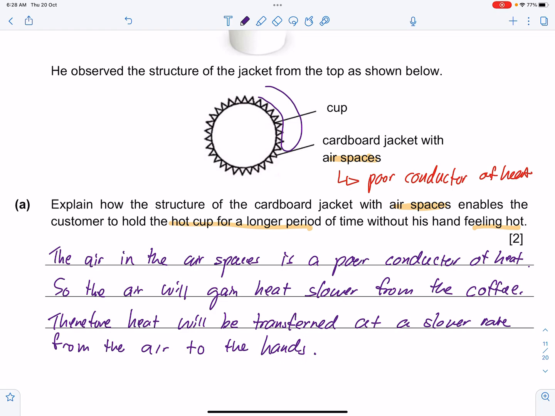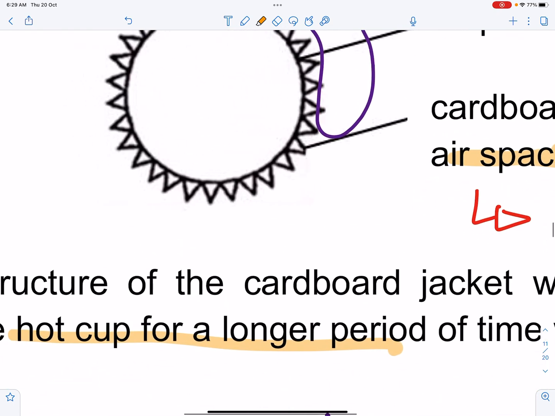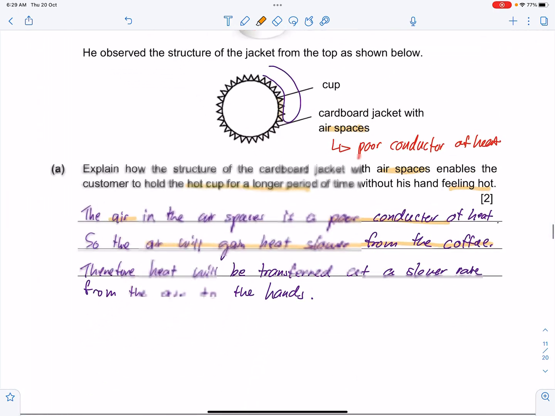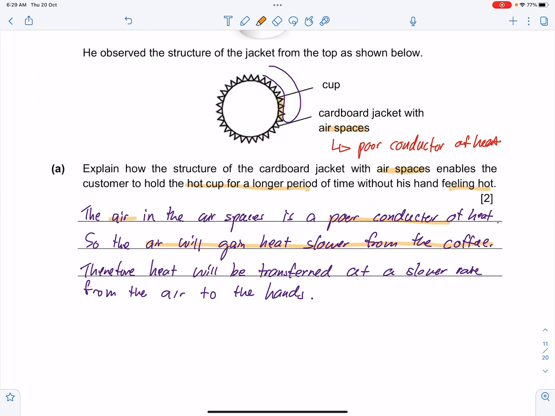So first you talk about how air is a poor conductor. Then you talk about how because it's a poor conductor, your air will gain heat slower from the coffee. And then because your air is separating the coffee and the fingers, heat will be transferred at a slower rate from your air to your hands, in a way. Okay, of course, in between there is your cardboard. You can talk about that if you want to.